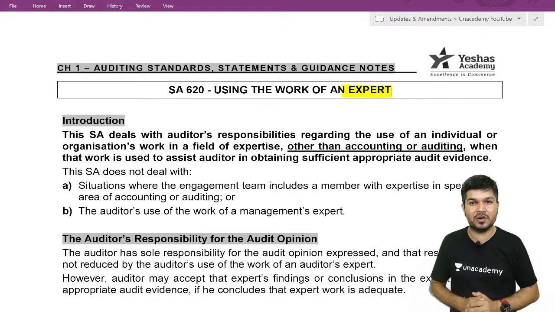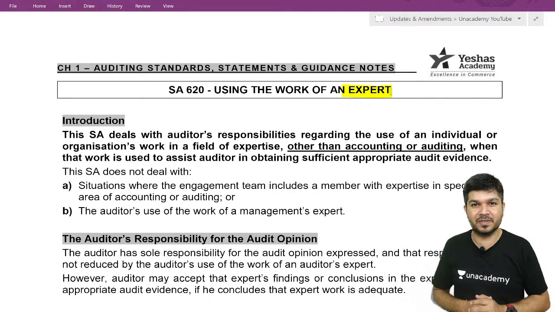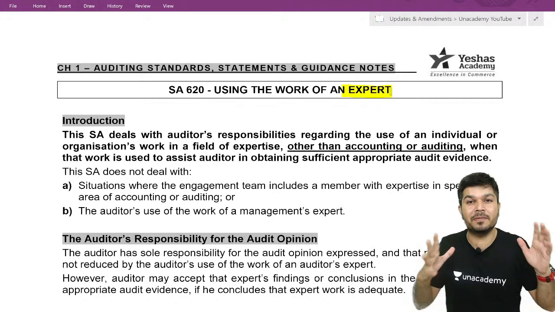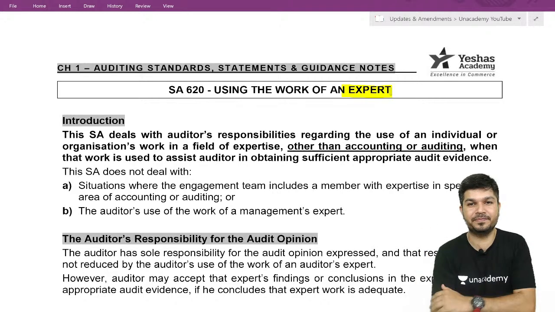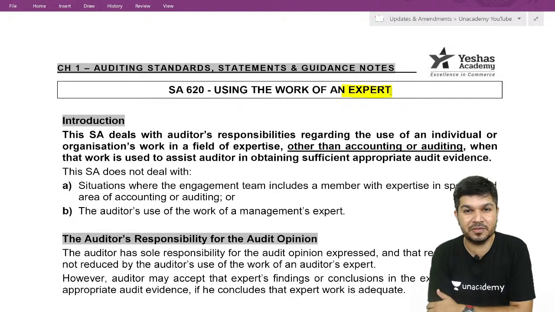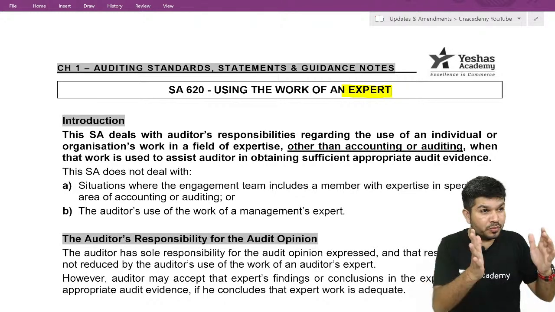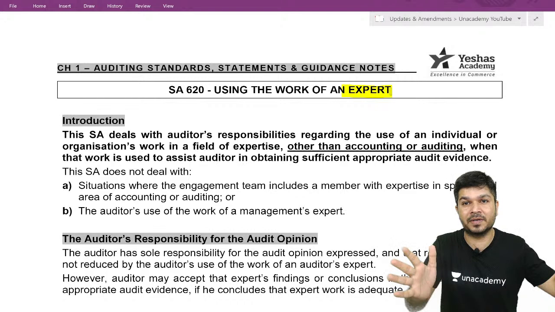For example, many times you go for an audit and suppose inventory is in WIP, and you're not able to understand the stage of completion. So for helping you in the audit, you might take the help of some engineer to tell you exactly the stage of completion.